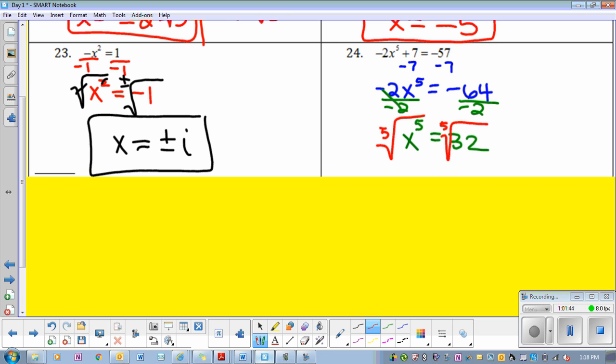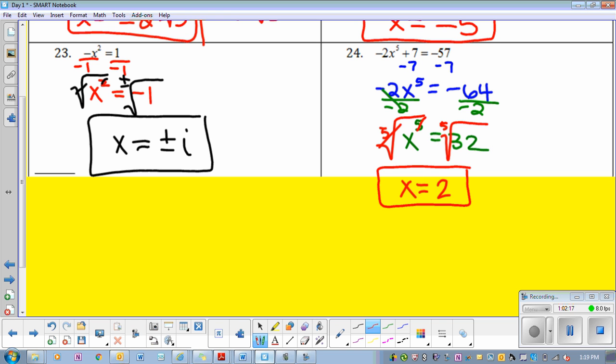Do I need a plus or minus? No, it's odd. X equals 2. The 5th root of 32 is 2. It's a magical number. For the smaller ones, hopefully you start memorizing some of them. But if I were you, I would check it in the calculator and see if it gives you a nice pretty number. Don't use up all your brain power unless you have to.